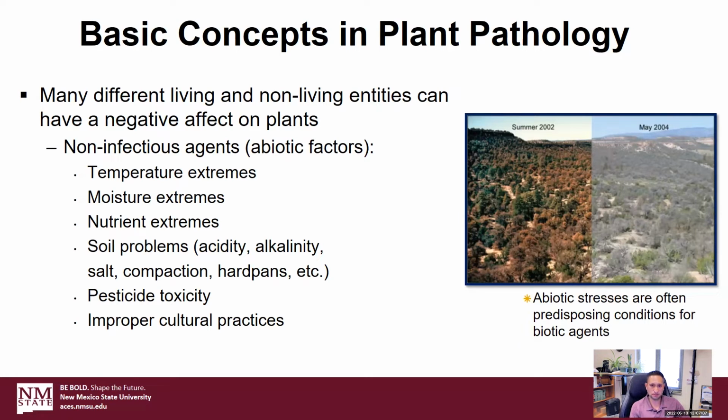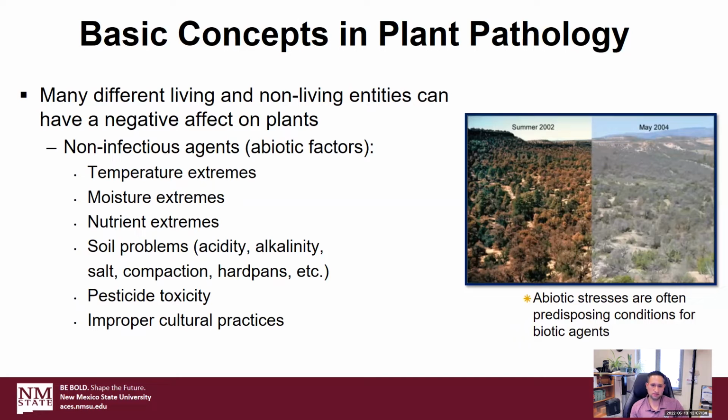Moisture extremes. Here in New Mexico, we don't have much rain or water events, so most likely those moisture extremes are going to be due to drought. Other times, more in an individual home, you can overwater your trees as well, but that's very infrequent.